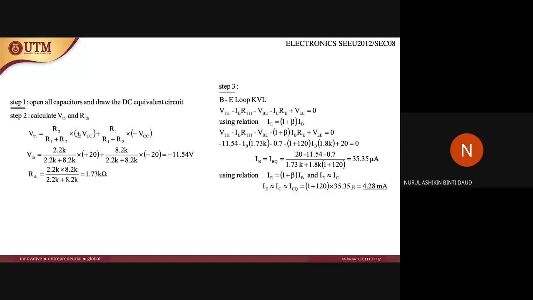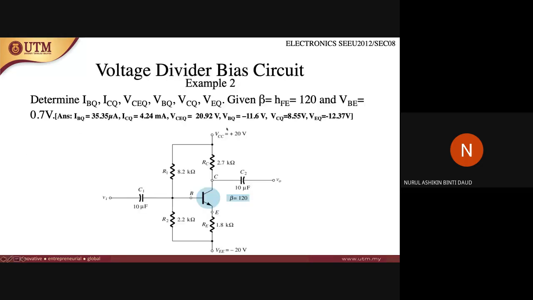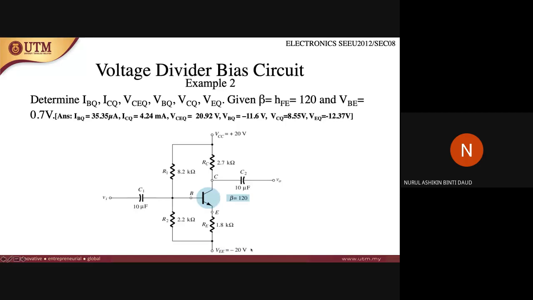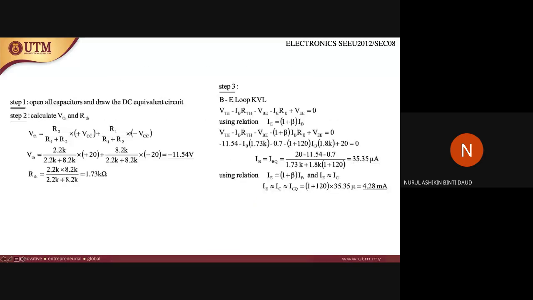This positive refers to the polarity of VCC, meaning VCC is the positive value of this source. This negative refers to the polarity of this other source of voltage.